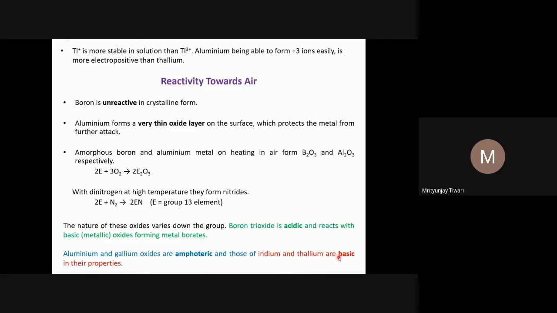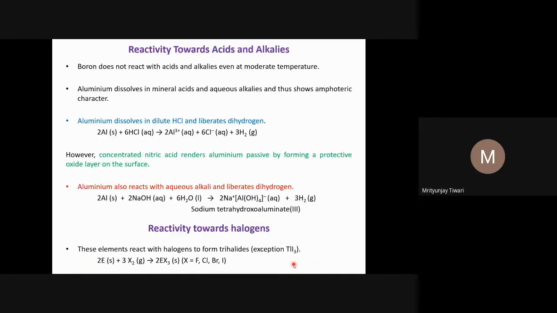However, indium and thallium oxides are basic, and we know as we go down the group, electropositive character increases, and with the electropositive character, we see that oxides become basic in nature.